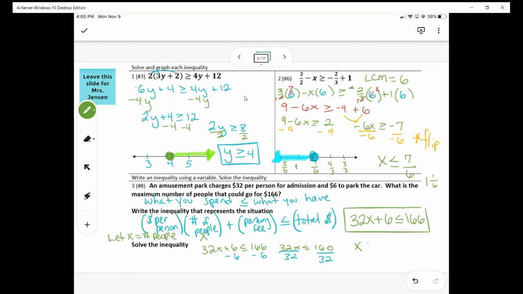So the solution is X is less than or equal to 5, which means a maximum of 5 people can go to the carnival if we only have $166 to spend. That's it for the 2-4 Jamboard practice assignment on solving multi-step inequalities.